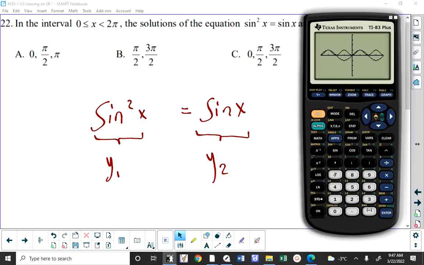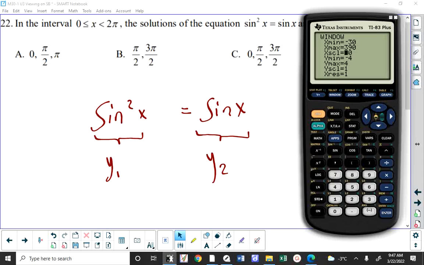Except I don't want negative 360 to 360, I only want 0 to 360. So hitting zoom trig gave me a nice picture, but what I want to do is go in here and edit the window settings and maybe start at negative 30 degrees and make sure I go up past 360 so I can see at 360. So I might go up to 390.